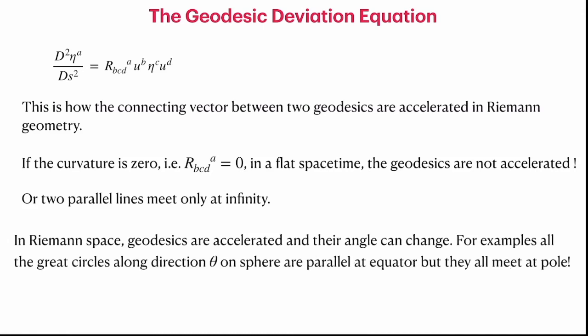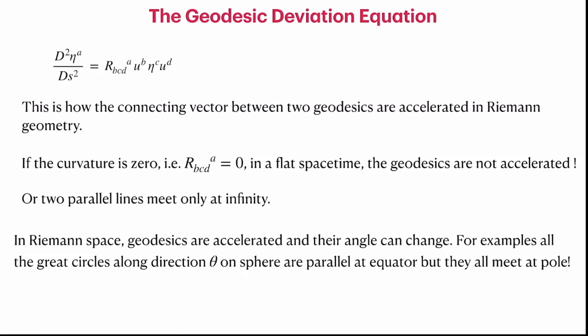A good example is the sphere. You know that the geodesics there are the great circles. If you take all the great circles along the theta direction, going to the pole, they are all parallel to each other on the equator. You can clearly see them, and then at the pole, they all merge. This happens because the sphere is a Riemannian geometry with curvature.